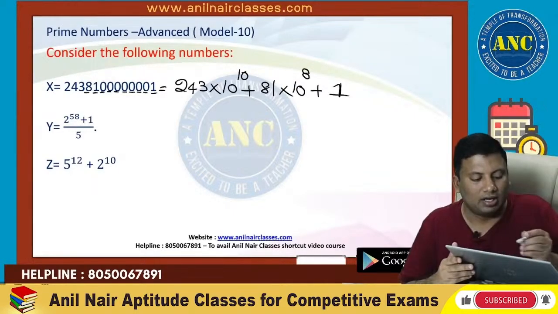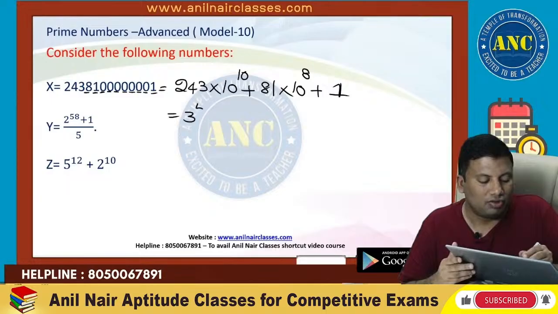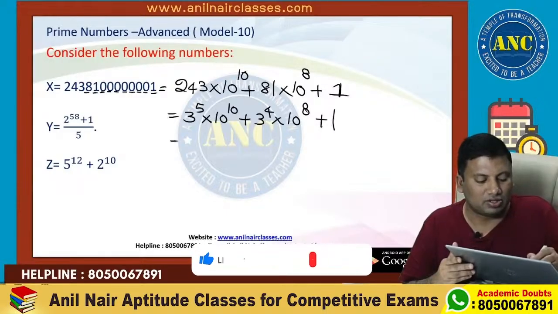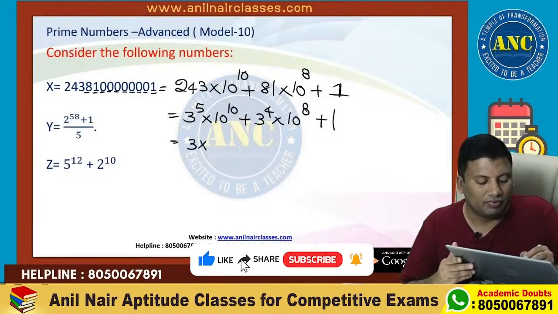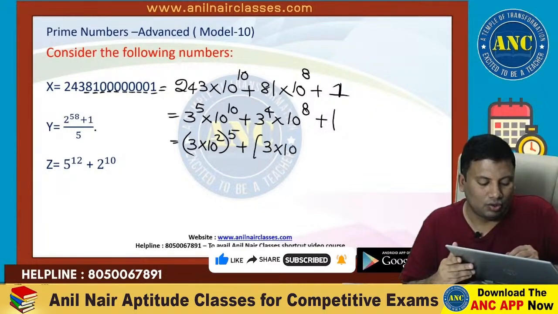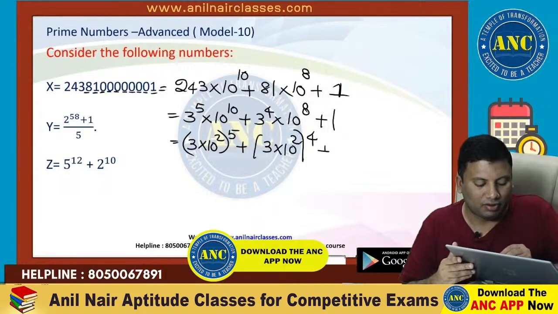This is 3 power 5 into 10 power 10 plus 3 power 4 into 10 power 8 plus 1, which is 3 into 10 square to the power 5 plus 3 into 10 square to the power 4 plus 1.